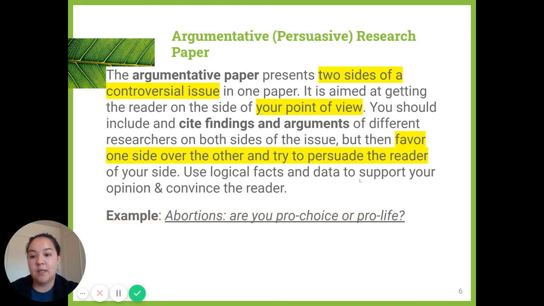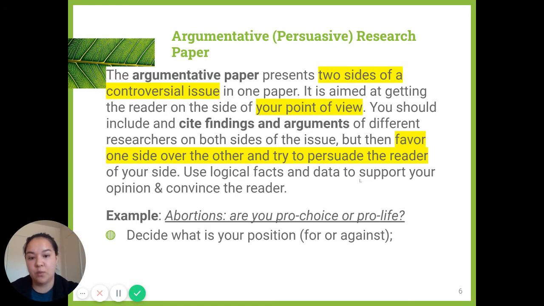An example of a topic that is very controversial and very commonly described in argumentative writing: abortions. Are you pro-choice or pro-life? So if we're using the topic of abortions, we need to decide what is your position, for or against. Are you for abortions or against them?